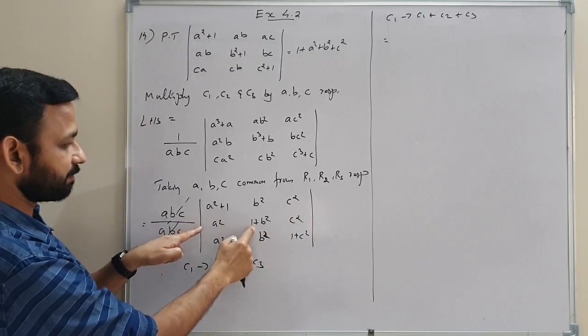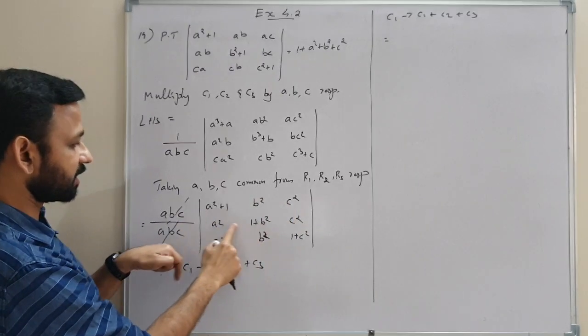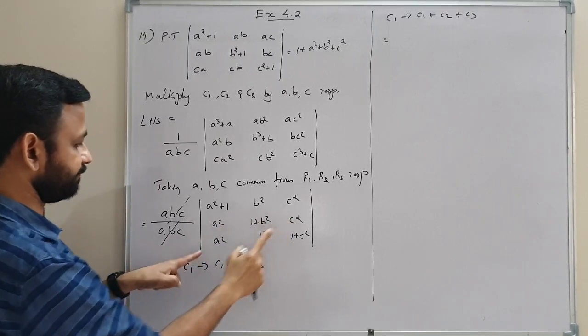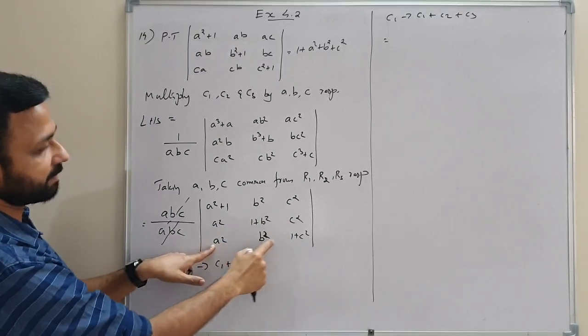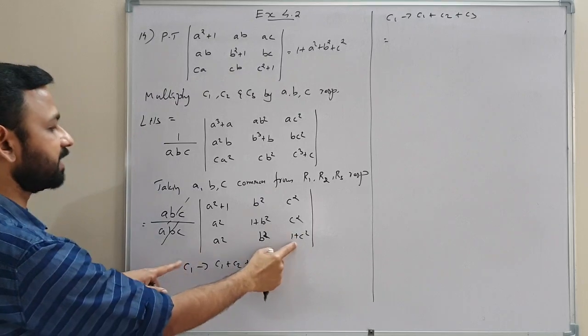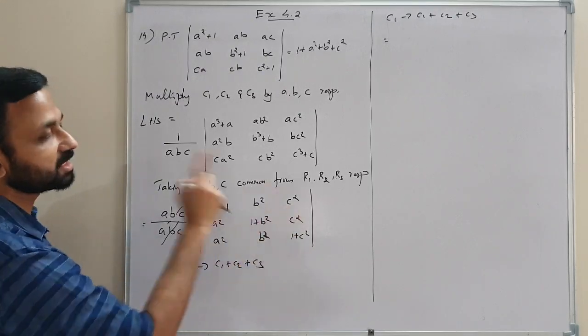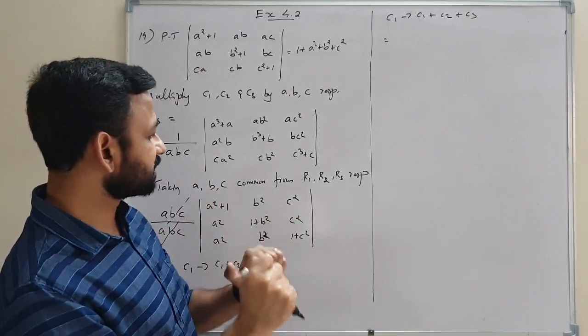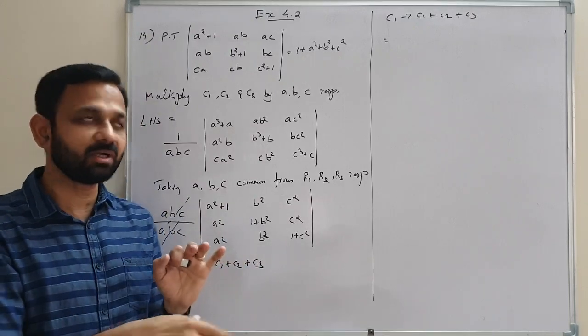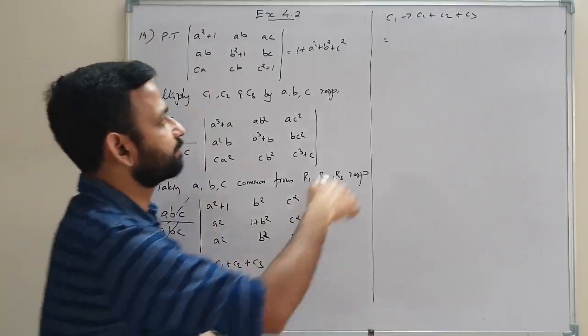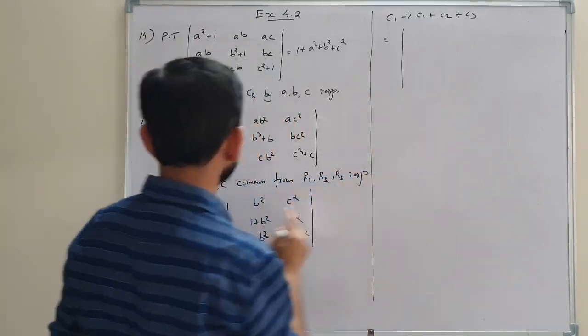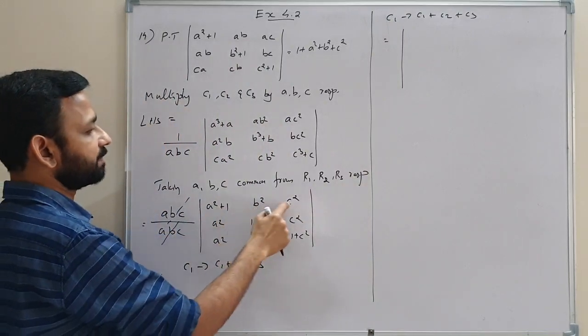A square plus 1 plus B square plus C square, that is 1 plus A square plus B square plus C square. A square plus B square plus 1 plus C square, that is 1 plus A square plus B square plus C square. So we will get 1 plus A square plus B square plus C square common in the first column.